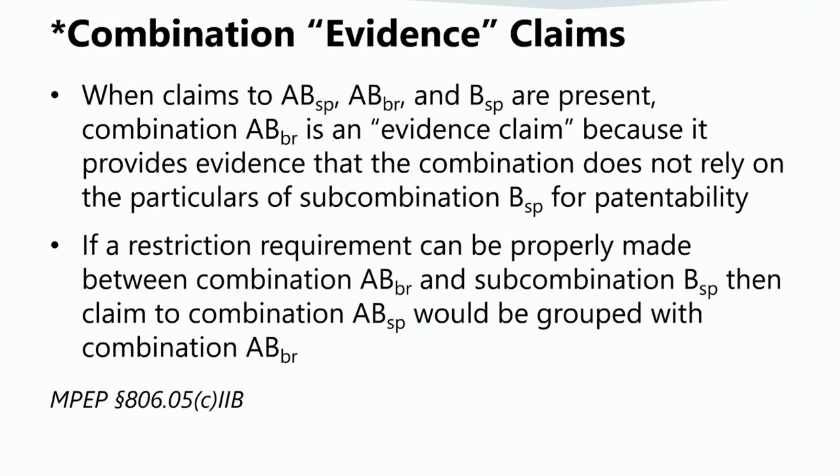The presence of a claim to combination A and B-specific, however, does not alter the propriety of a restriction requirement properly made between combination A and B-broad and subcombination B-specific. If a restriction requirement can be properly made between combination A and B-broad and subcombination B-specific, then any claim to combination A and B-specific would be grouped with combination A and B-broad.